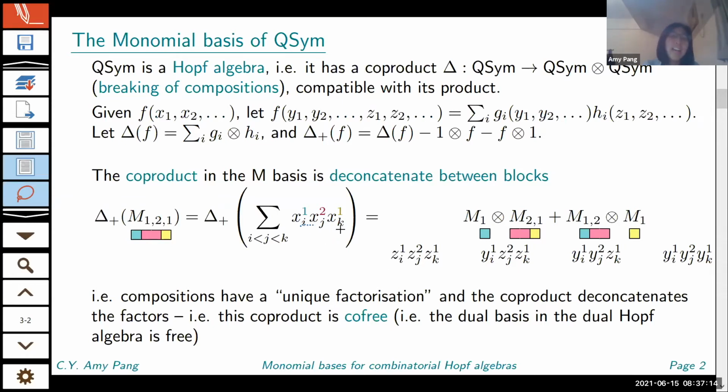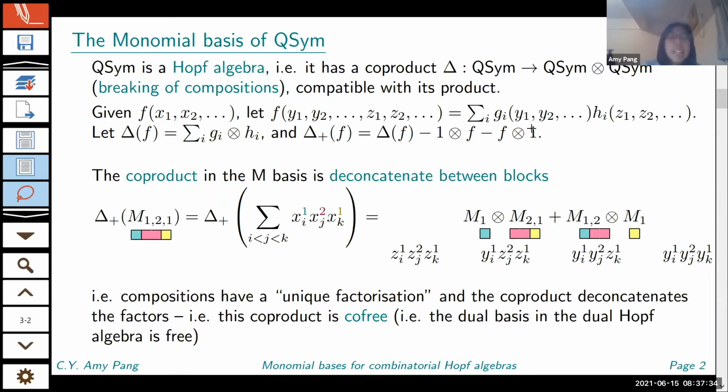And then the x's can all be z's or the x's can all be y's, but I'm not going to care about those cases because I'm looking at the coproduct with a plus, which means that I remove the 1 tensor f and the f tensor 1 terms.